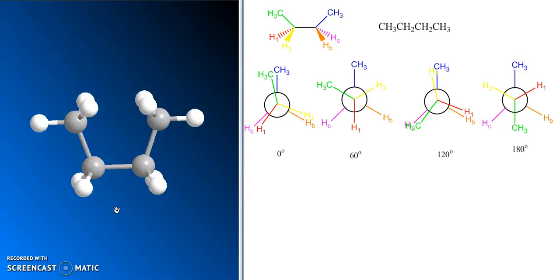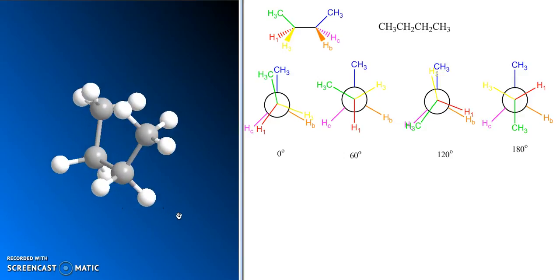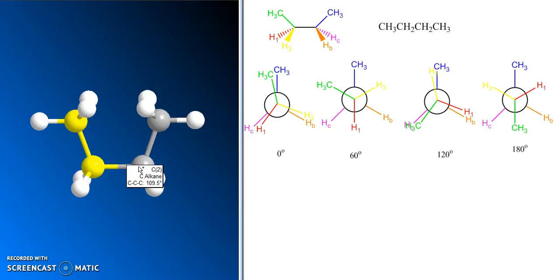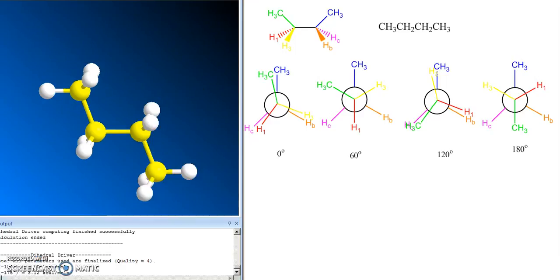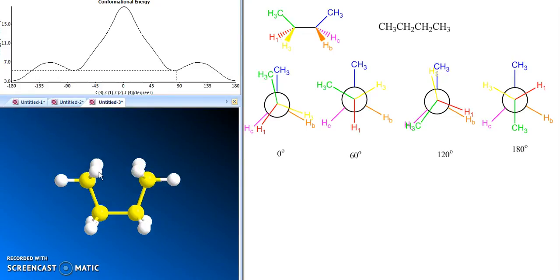So this is our butane in the eclipsed conformation with the two methyl groups eclipsing one another, and I can tell it to select this group, this group, this group, and this group, and calculate the rotational energy as we go around there.